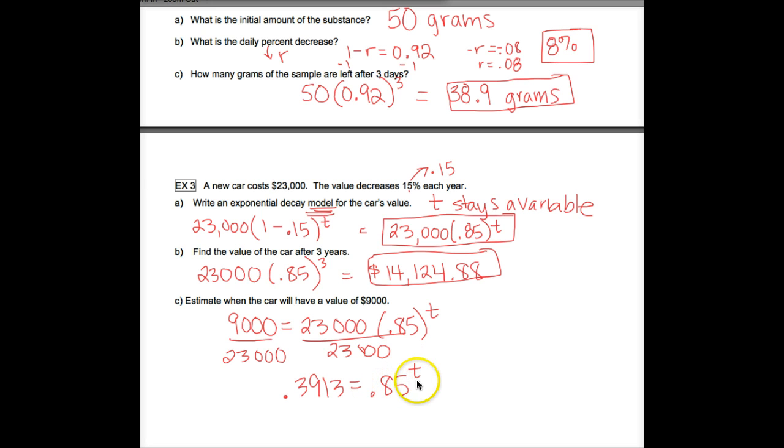But for right now, we're basically going to guess and check and find when that car is going to have that value. So we already know what it looks like after 3 years. So we know it's going to be more than 3.